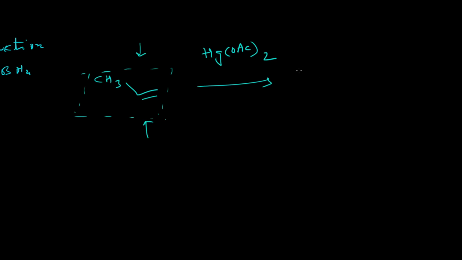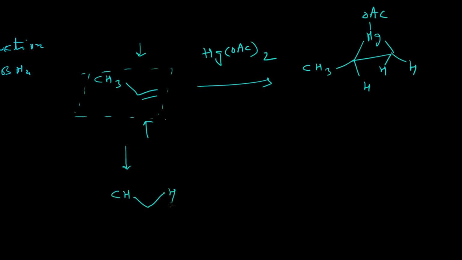If attack from the top face occurs, then this will lead to the formation of this mercurinium ion. And if attack from the bottom face occurs, then this mercurinium ion will form.